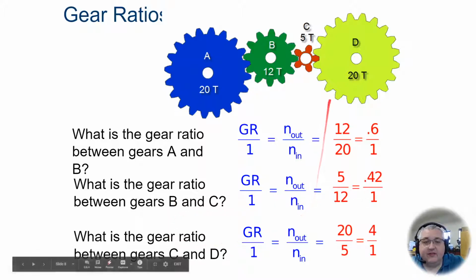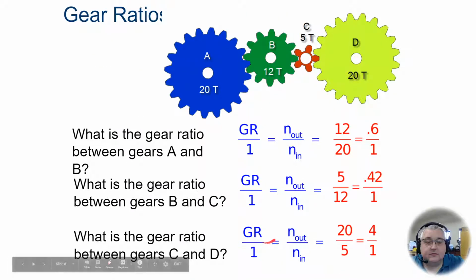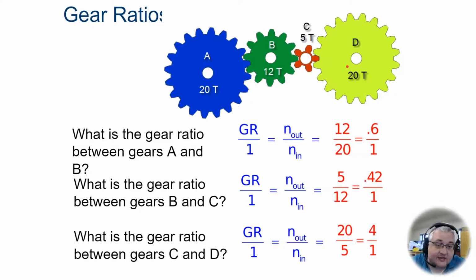And the same thing for the last one, between C and D. Number out divided by number in. Number out's 20 divided by 5, 4 to 1. So each of these gear ratios is changing as we go through here. But there's a trick, because that was a lot to get to. We had to do like 4 steps of math to get to that.